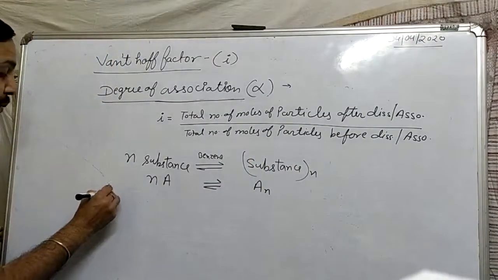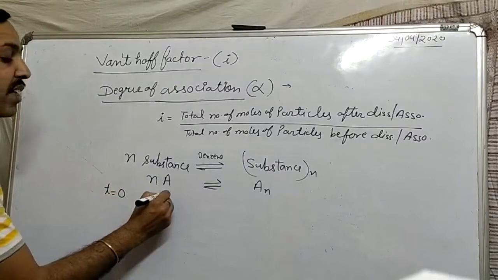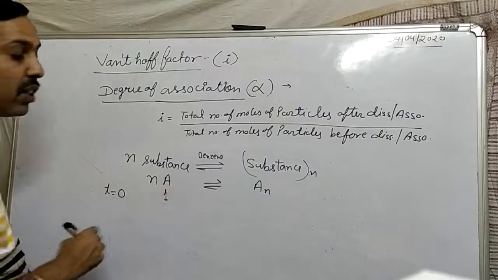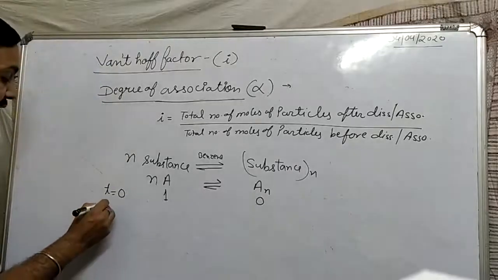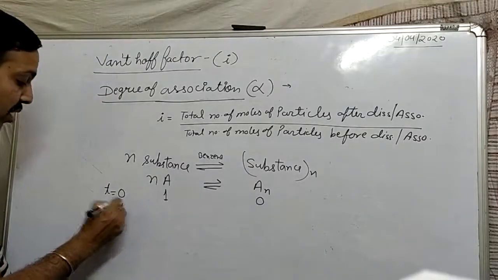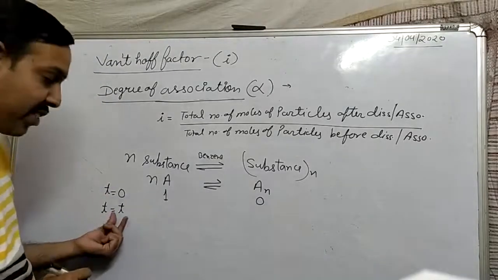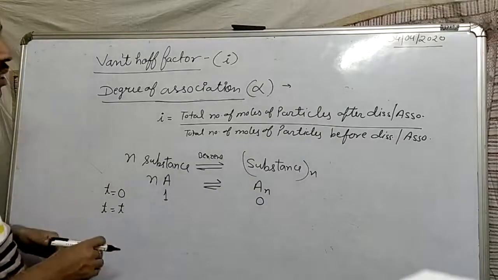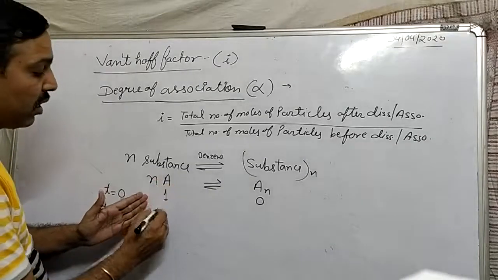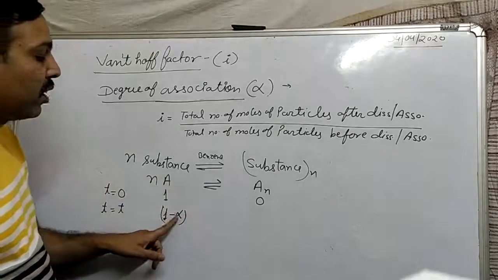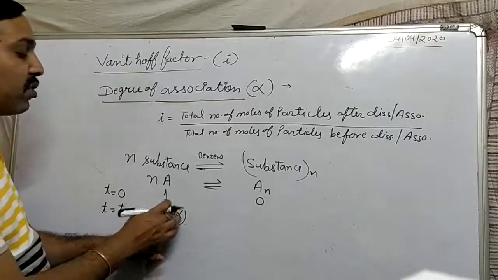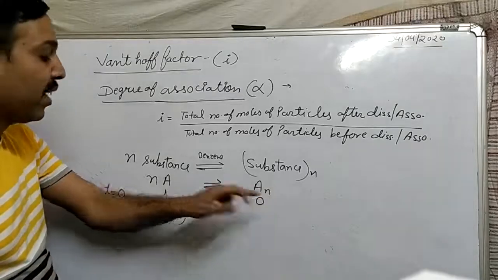So at time t is equal to 0, it is 1 mole, it is 0. At time t, when the time t is taken, then 1 minus alpha, it associated to form An.